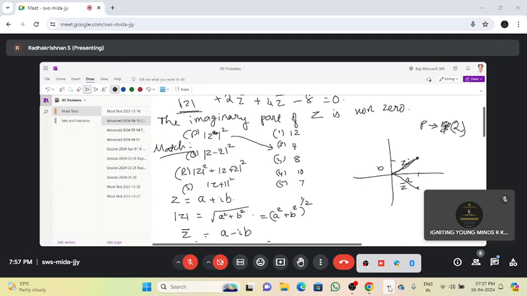Okay, so now that you know A and B, you can easily match all of these. So z mod whole square we put as 4. Similarly z minus z conjugate the whole square, that is important. Hopefully you can do it easily. Please keep trying, keep working on this.